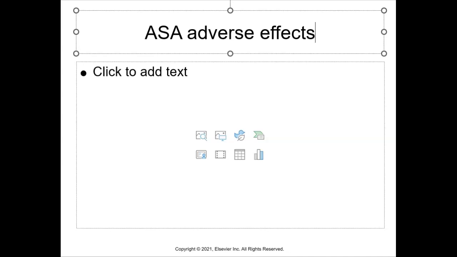In children younger than 18, you can have the possibility of Reye syndrome. It's much more common in younger childhood, but it has a mortality of up to 20 to 30%. Characteristics are encephalopathy, fatty liver degeneration. It seems to be highest when you're using aspirin in children who have influenza or chickenpox.